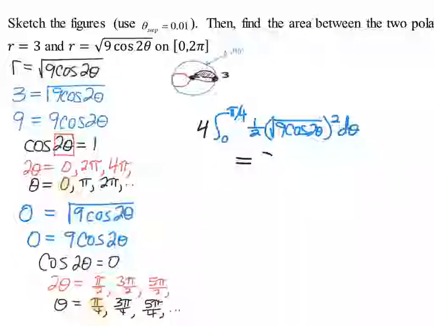So that's equal to 9, surprisingly. So the difference is the area of the circle minus the area of the lemniscate. It looks like an infinity, but it's not. 9 pi minus 9.